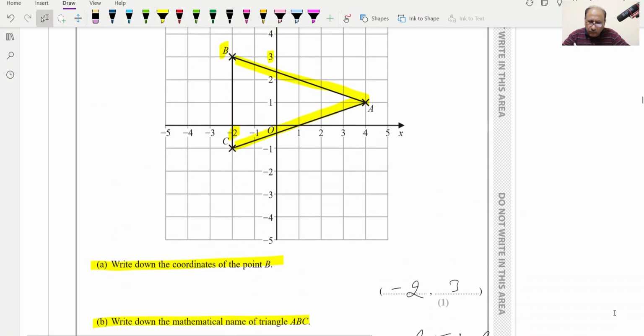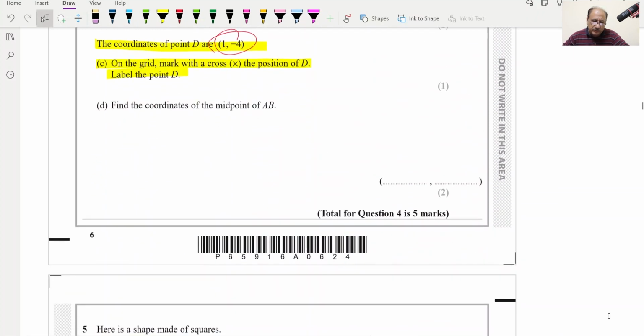So 1 from here, and -4 down. So it will be -1, -2, -3, and -4 will be this point, and we have to mark it as D. So this will be our D mark answer.